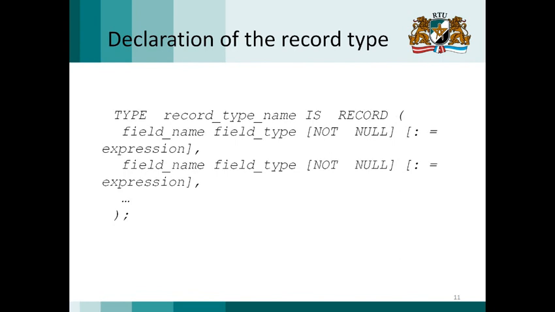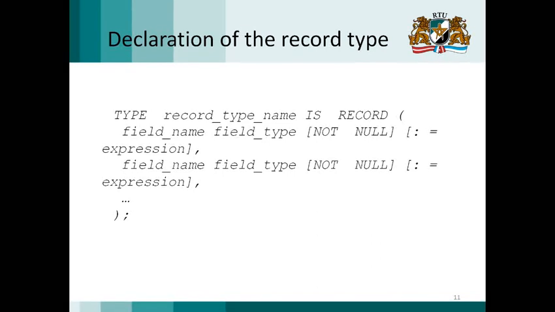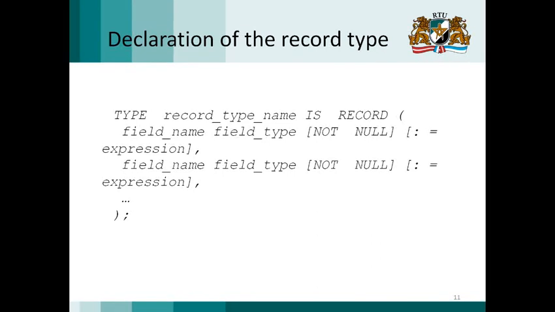Type person is record. And then it would be similar to a table definition.